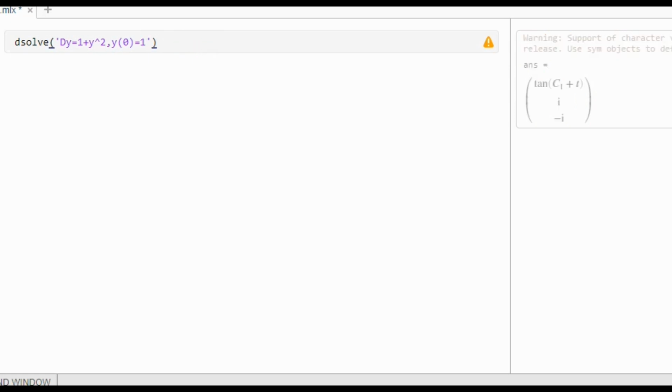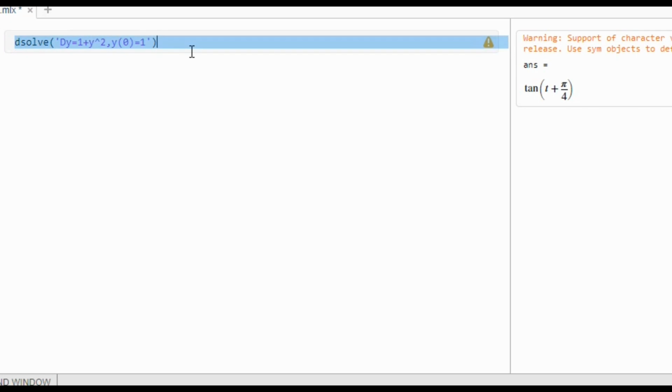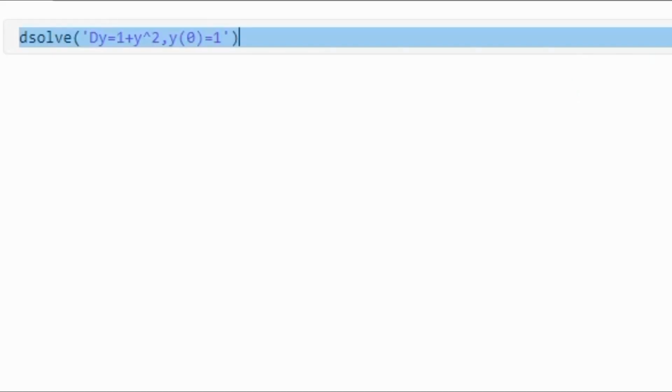Yes, this is your required answer. So this is the code for the solution of another differential equation with the initial conditions.